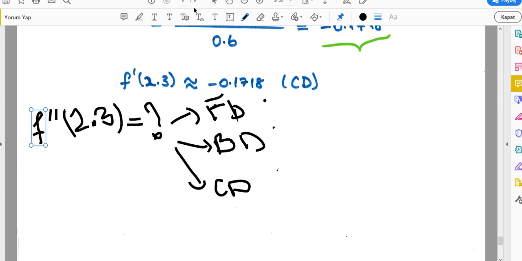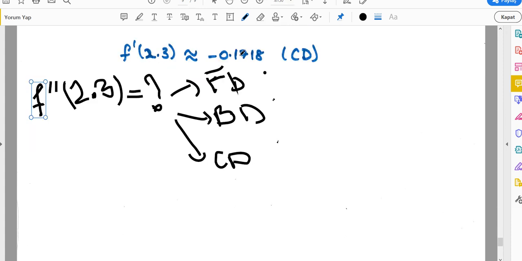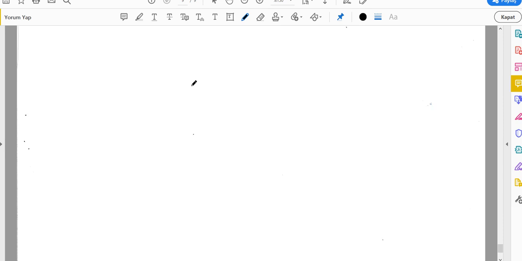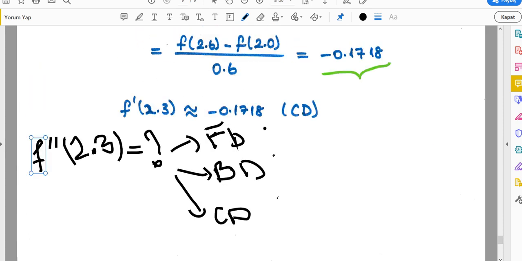Okay, so this part is over for numerical differentiation. From now on, there is no more case for you. I just want to summarize what we did here. This part is very important for us, because of solving the numerical boundary value problems.